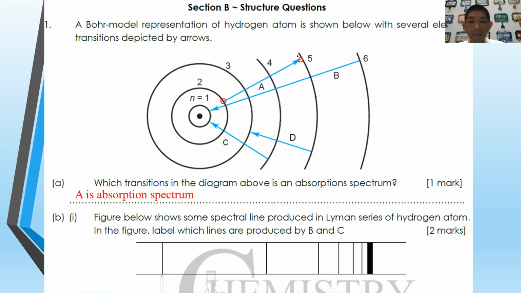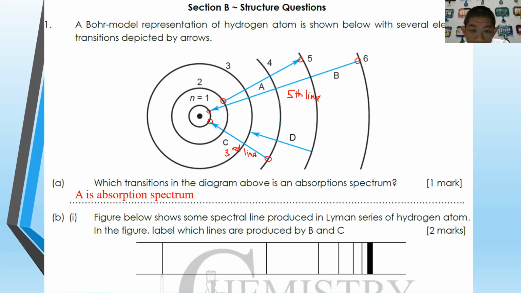Then we have B. The figure below shows some spectral lines of a line series in the hydrogen atom. In the figure, label which lines are produced by B and C. If you look carefully, line B is from energy level 6 to energy level 1, so the difference of energy level is 5, so it should be the 5th line. While in C, it is from energy level 4 to energy level 1, so the difference is 3, so it should be the 3rd line.